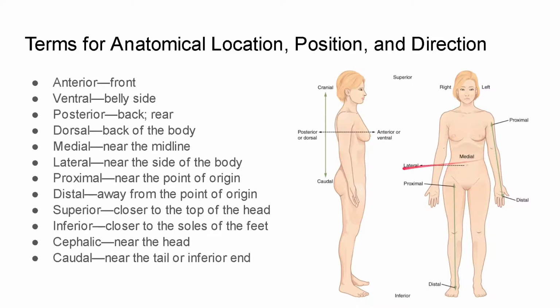Here you can see a good visual of lateral and medial, proximal, closer to the point of origin, distal, away from the point of origin. You have your posterior dorsal here, your anterior ventral here, superior, inferior, and then cranial or cephalic, and then caudal here.